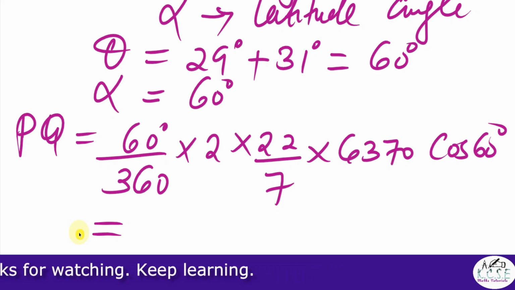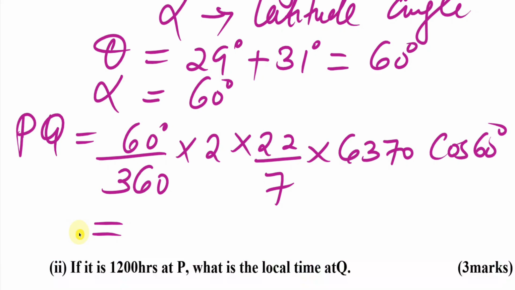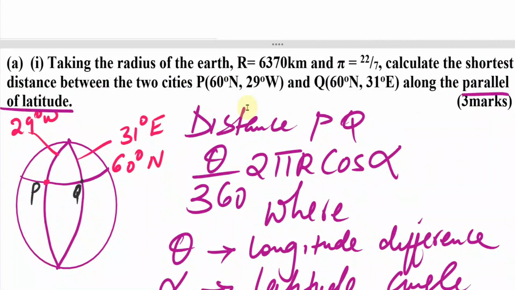Working this out using a calculator, you obtain 3,336.67 kilometers. So that is the distance between P and Q along a parallel of latitude.